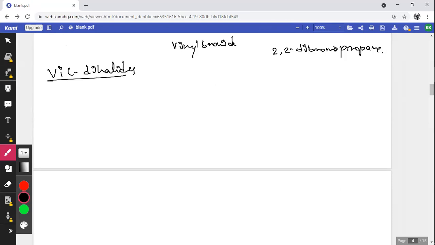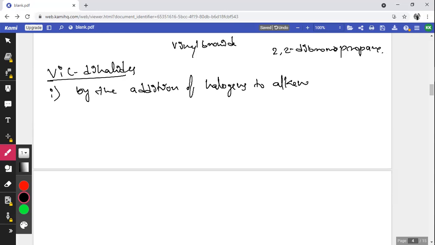Vicinal dihalide means the halogen groups are present on adjacent carbon atoms. So the first method is by the addition of halogens to alkenes.